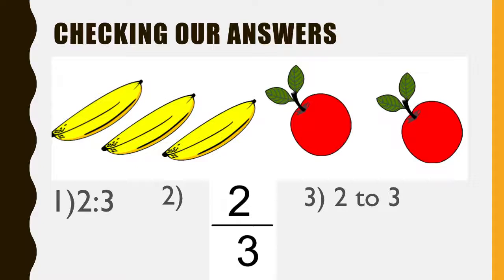You can write ratios in 3 different ways. Any questions?